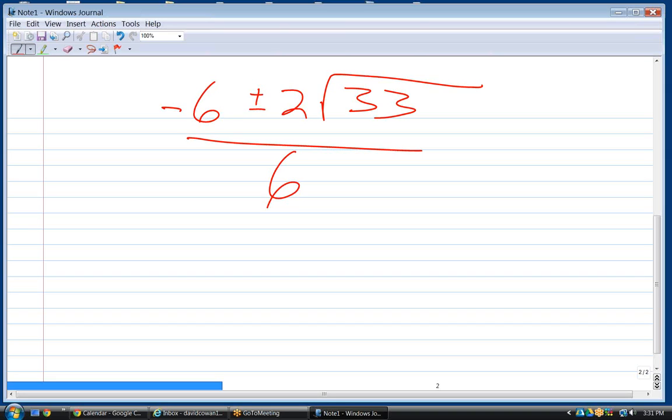How many roots do we have? 2? Are they real or imaginary? Imaginary. No, they're real. In other words, you only get imaginary roots when you have a square root of a negative number. Oh. Mm-hmm. Okay? So this would be 2 real, but also irrational.